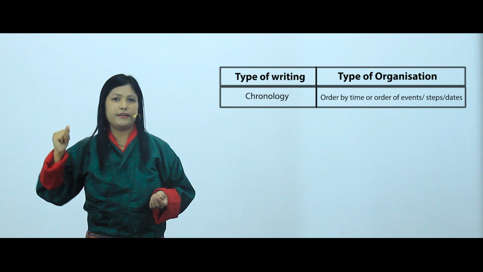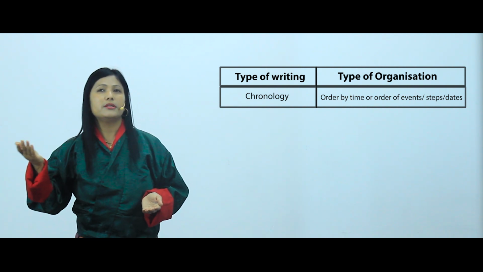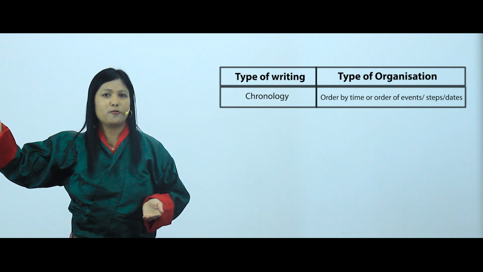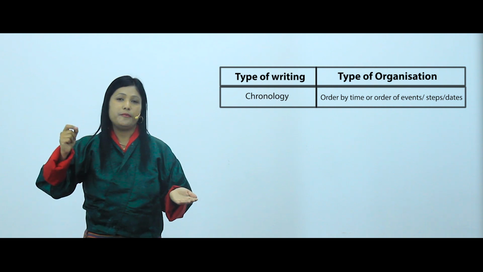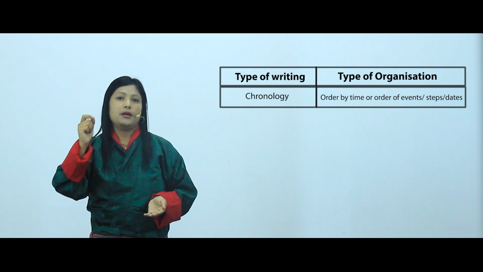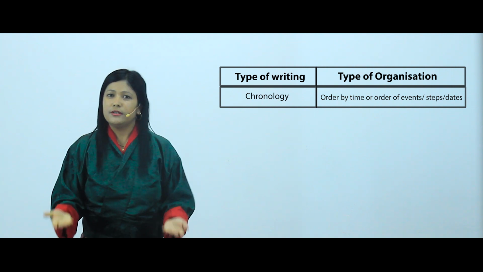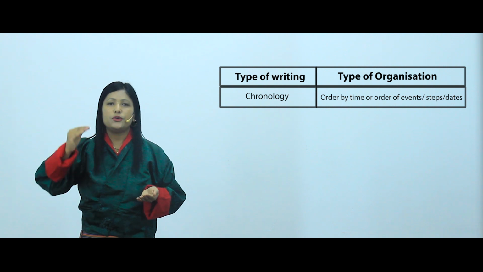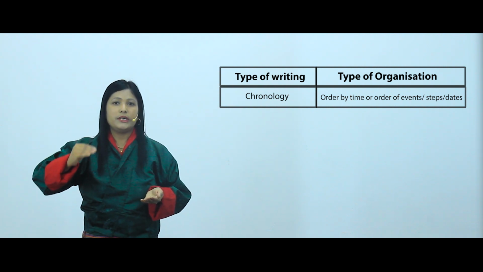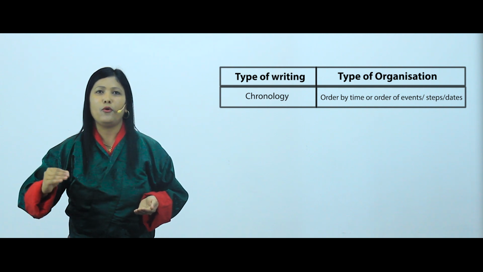Which was the first event that was held in your school? You may talk about the dates in higher grades. Date refers to your year. So maybe you want to talk about 2014, or you want to talk about last year. So it can all come under chronological. If you have this order, your writing will have a very smooth flow.